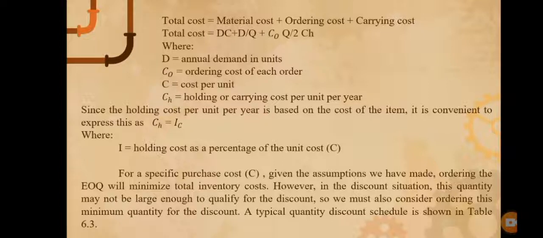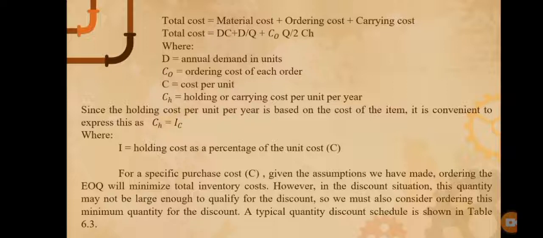So, the formula will be DC plus D over Q times the ordering cost plus Q over 2 times the CH, where D is the annual demand in units, CO is the ordering cost of each order, C is the cost per unit, and CH is the holding or carrying cost per unit per year.